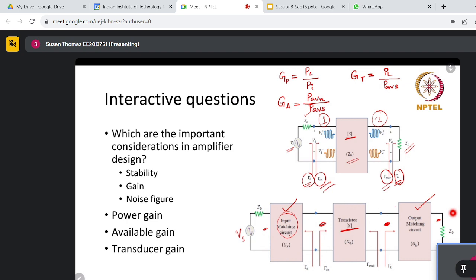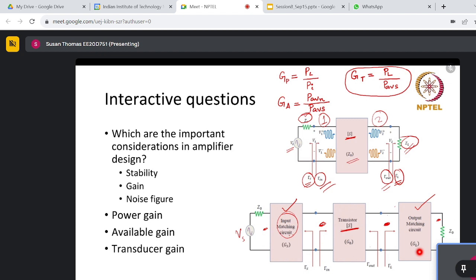Now, if you notice the transducer power gain, this GT, is it going to depend on ZS and ZL? I have this question for you. I'll repeat the question once again. The GT, the transducer gain, is it going to depend on ZS and ZL?